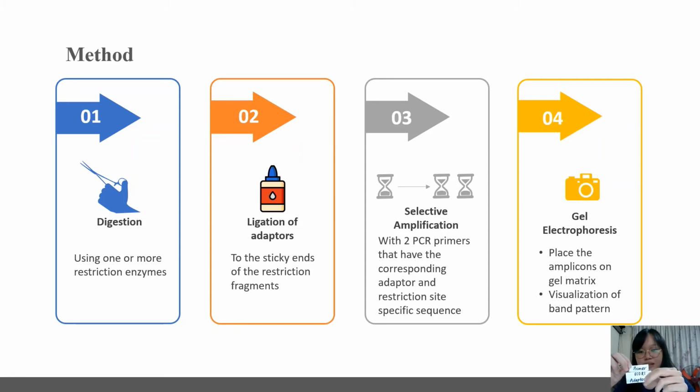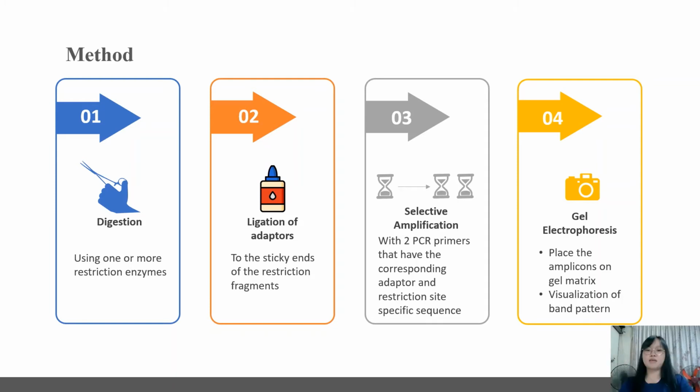Then after they bind like this, we will proceed to step 3, which is the selective amplification. So this whole fragment will be amplified. And then after that, we'll proceed to the last step, which is gel electrophoresis. The fragments that are being amplified are called amplicons.